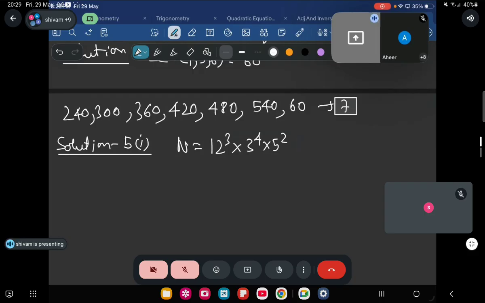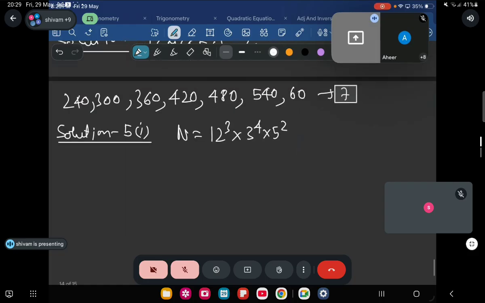You didn't write the formula for the number of factors of n under the fundamental theorem of arithmetic. What was the formula? Number of factors of n is equal to (alpha 1 plus 1) into (alpha 2 plus 1) up to (alpha n plus 1).